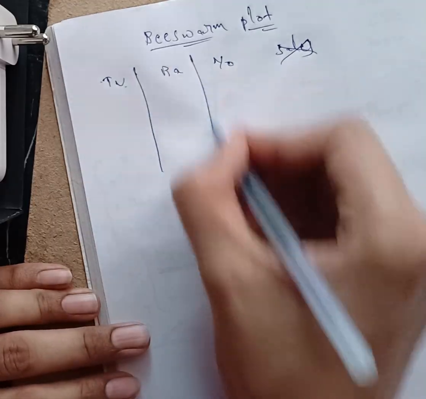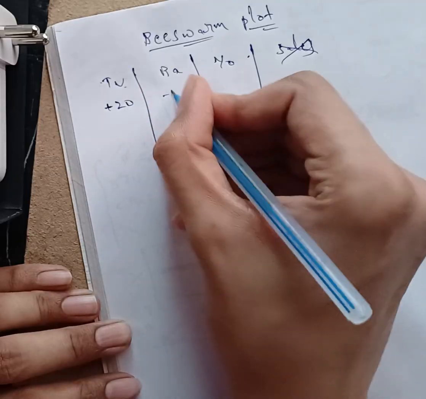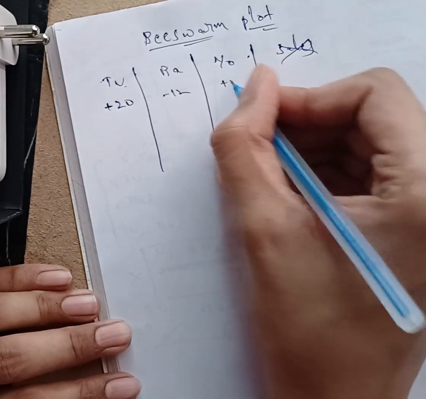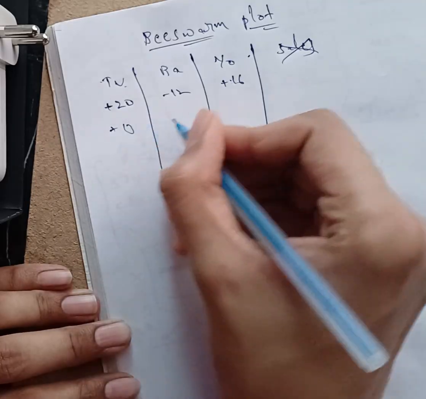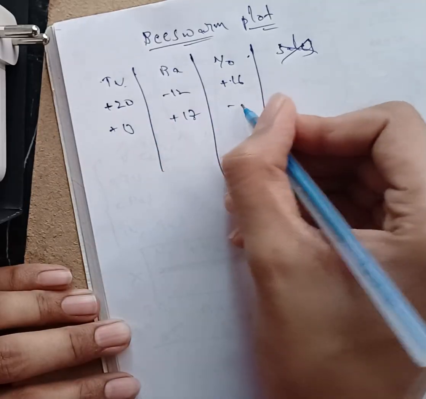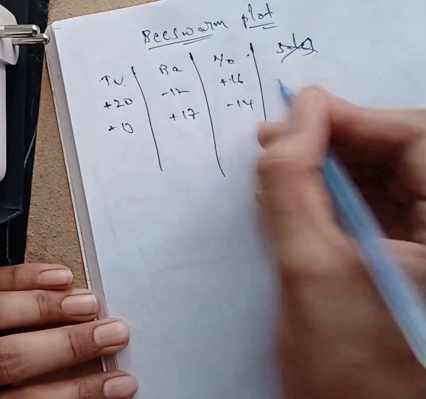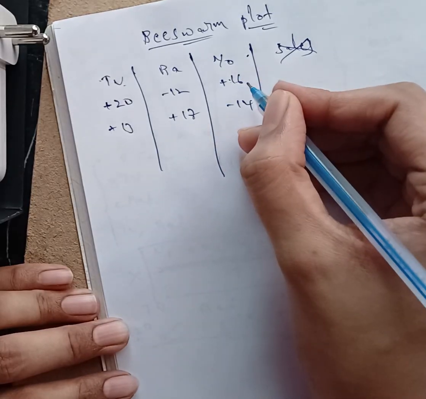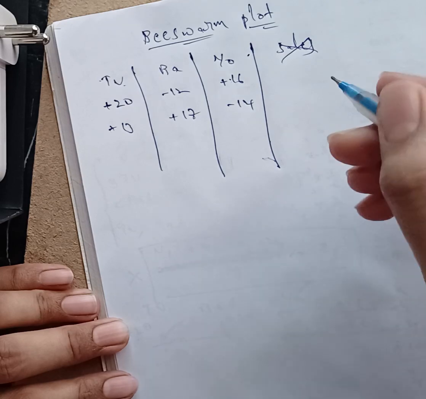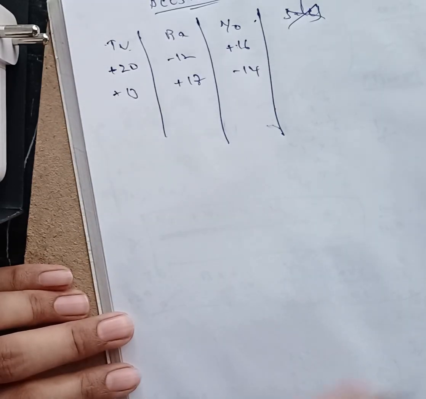We have different SHAP values: plus 20, minus 12, plus 16, and here plus 13, plus 17, minus 14, something like that. Basically these values denote how much this particular value is increasing the prediction from the baseline value. As of now it's clear, right?